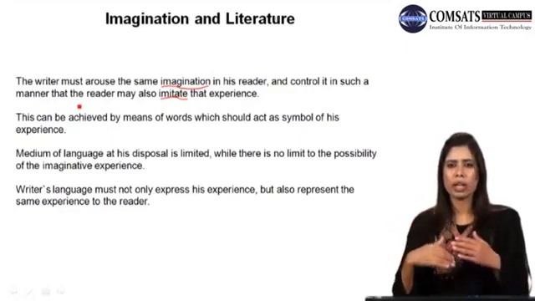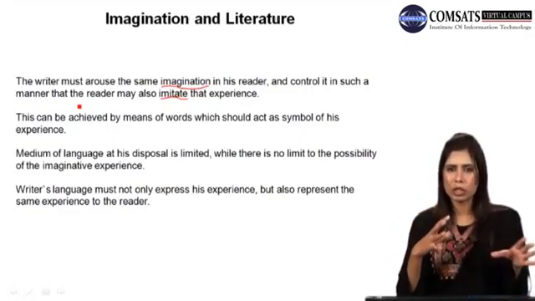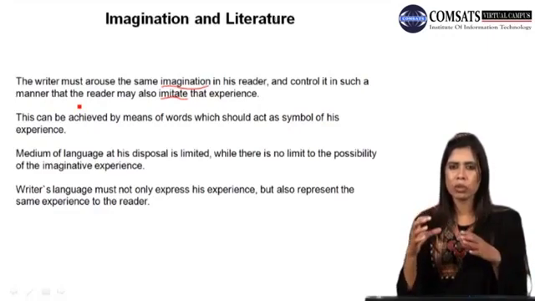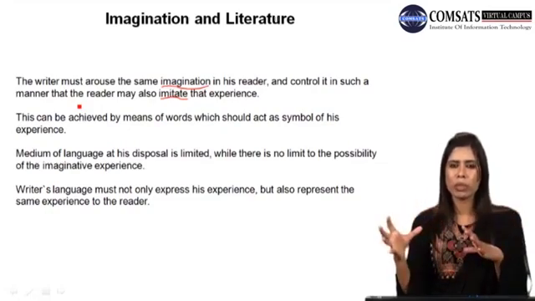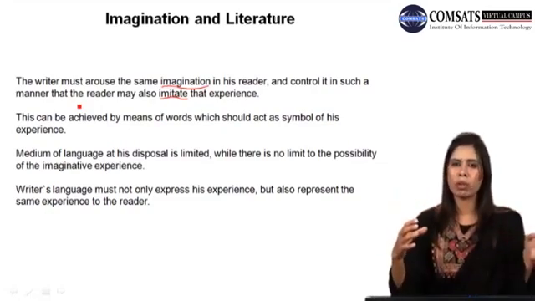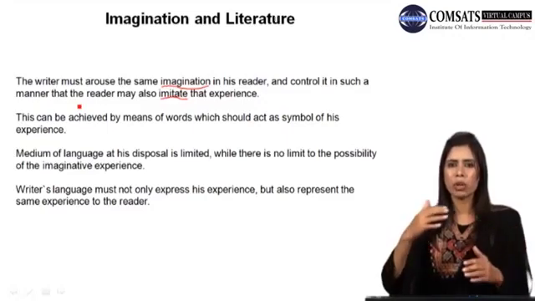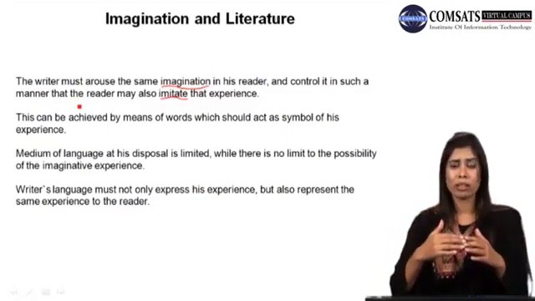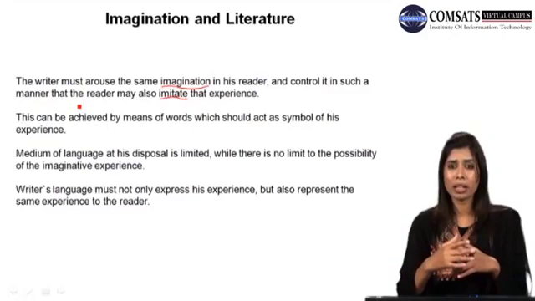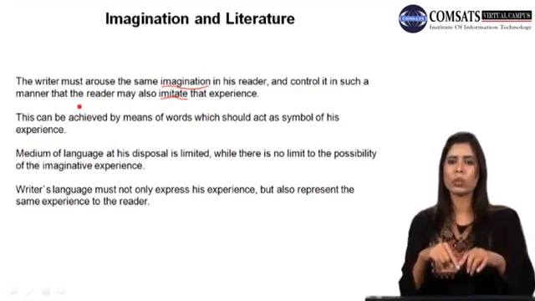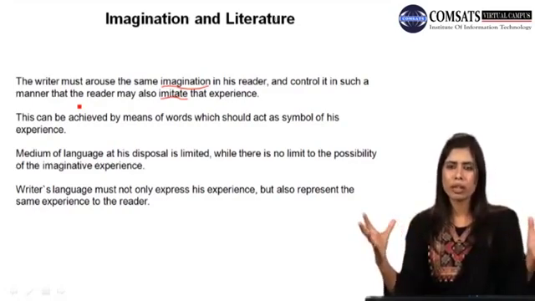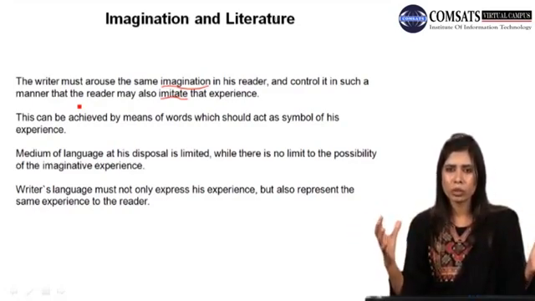So a good writer must not only express his experience but also represent the same experience to the reader. So representation of experience is also very important. The kind of scenario he provides to the reader is also very important, and that is not only the expression of his individual experience. That is why literature has a universal element as well.